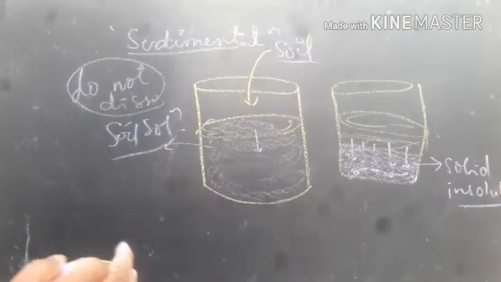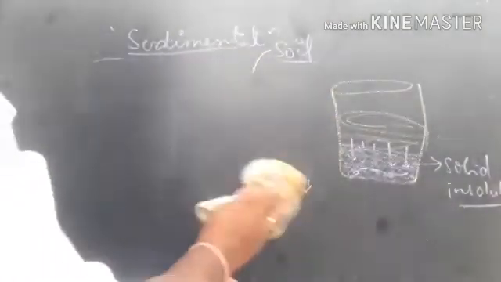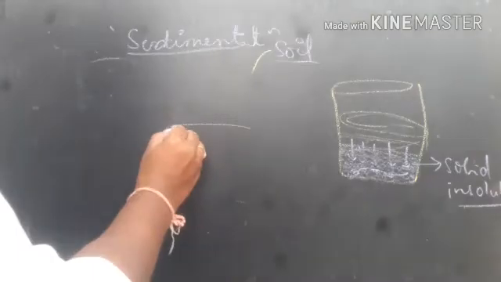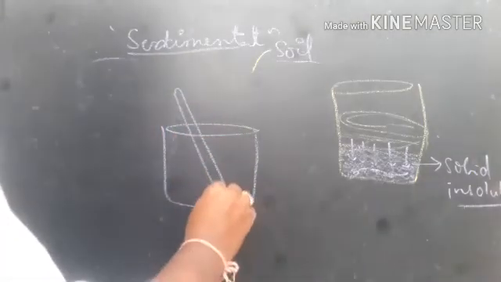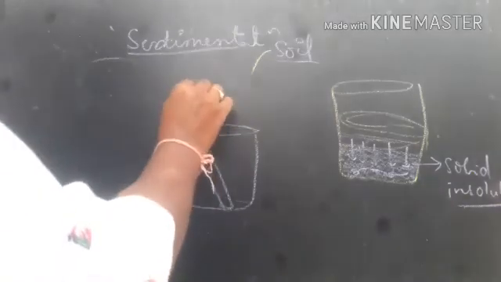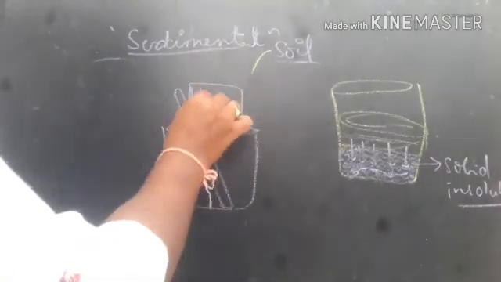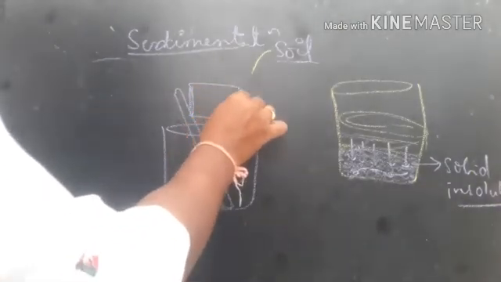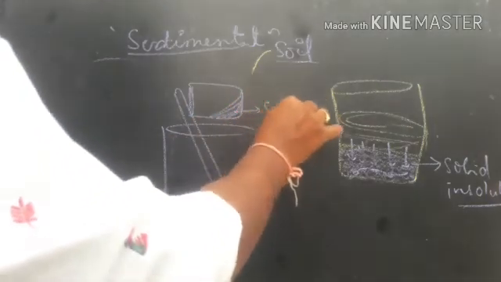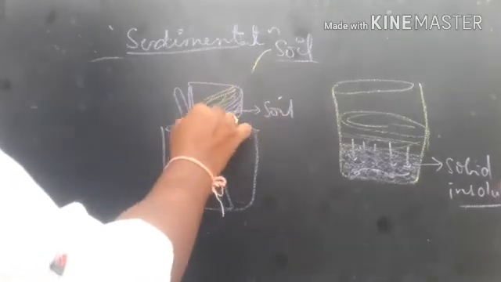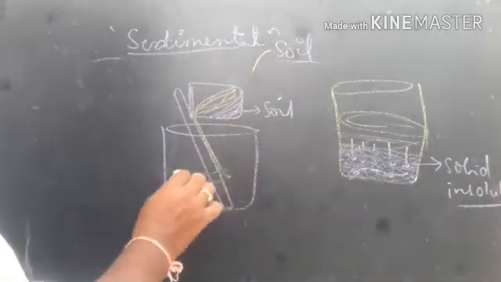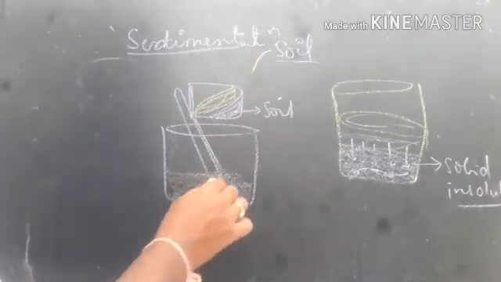So after sedimentation, what we have to do, simply take another beaker and keep an iron rod in slant position, and now pour the content of the beaker. This is the soil sample, and empty the water through the iron rod.